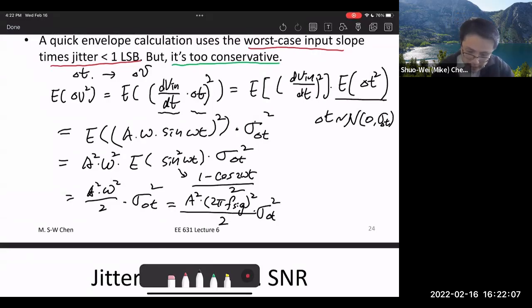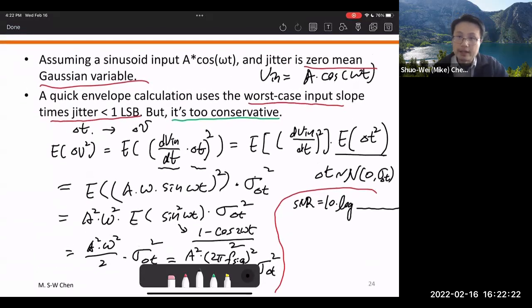Okay, so now we are ready to calculate the SNR. So SNR, as we know, is the signal to noise power ratio. So 10 log. Okay, so what's the signal power, right? If my input is A times cosine omega t, so what is the power of that? Half A squared.